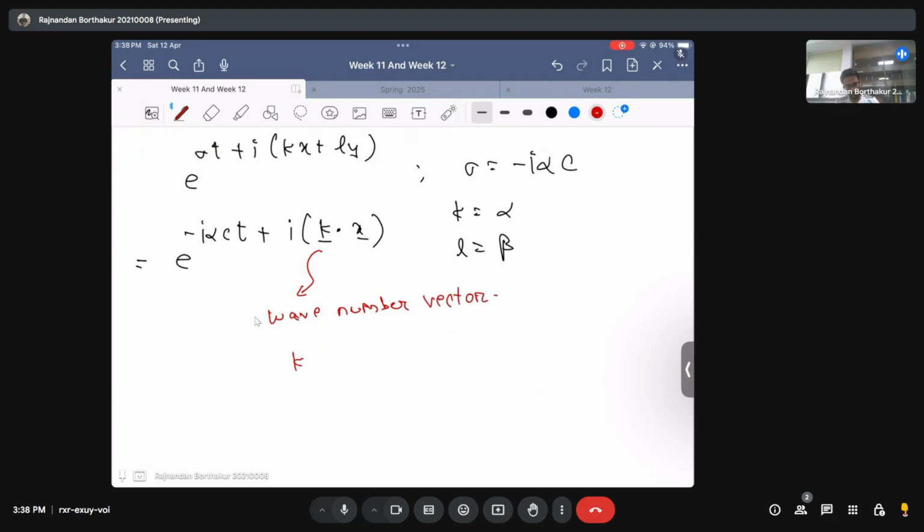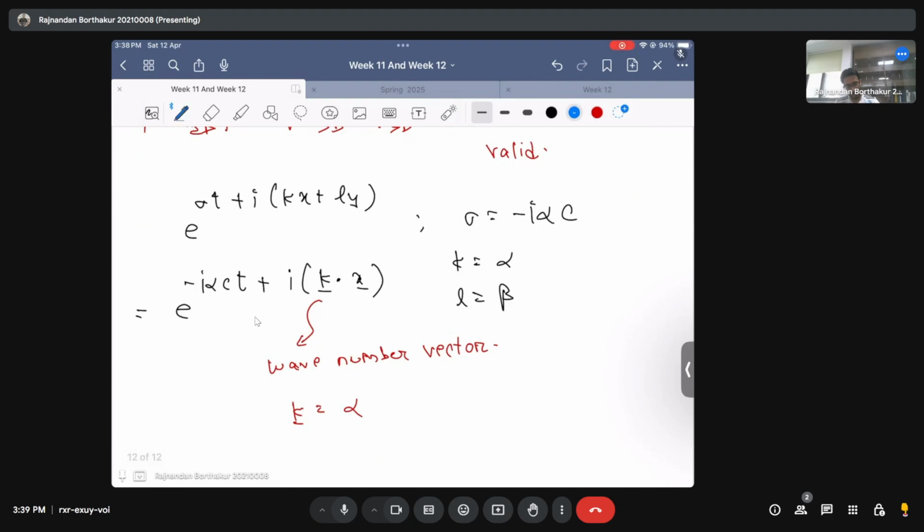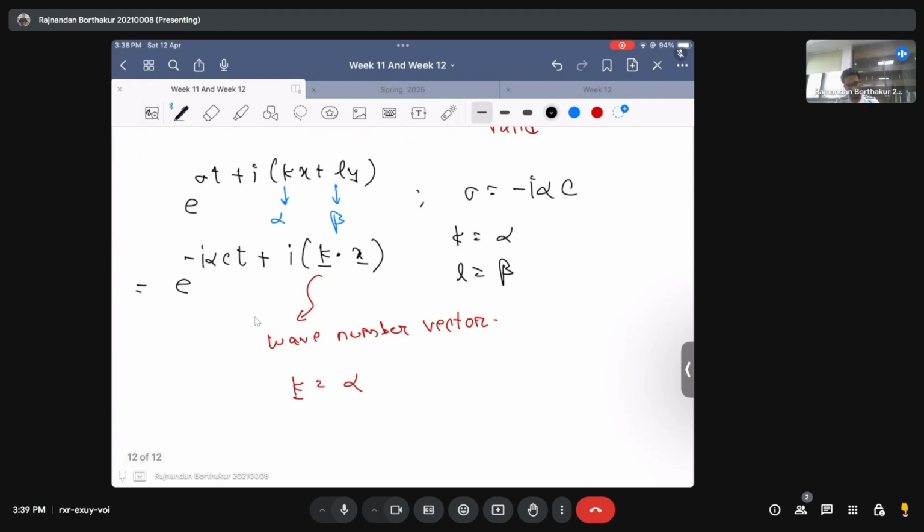Because my k is equal to alpha and my l is equal to beta, the wave number vector can be written as alpha times ex. I'll write one more step to be clear. Let's not name it k vector, because it will confuse you with its components. Let's name it lambda bar, the wave number vector.